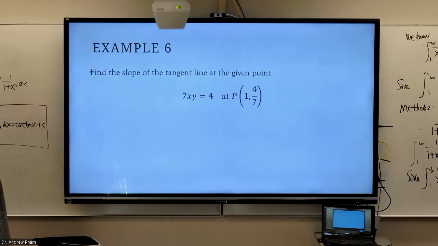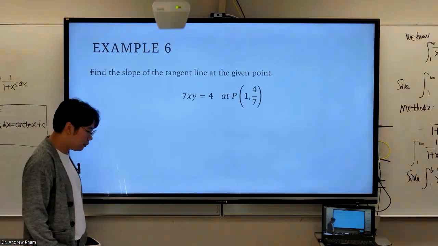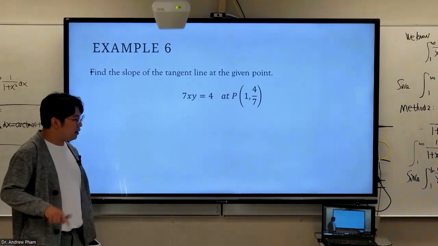Well, first off, I know I'm going to be taking the derivative because we like to think of the derivative as a general form of slope. But what's the first thing that you could do here? Again, there's a lot of different answers that I'll take. Well, we're not going to plug in the point yet.